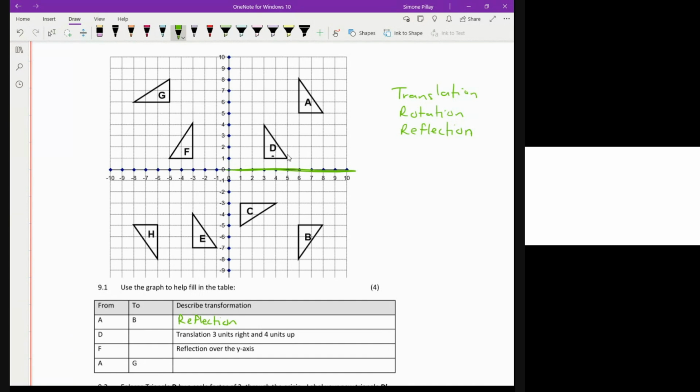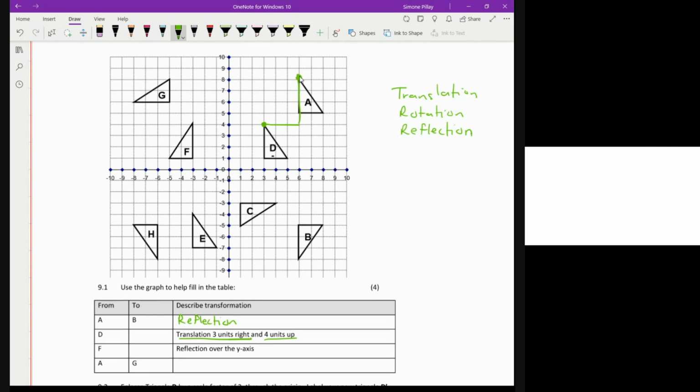Now we're starting at triangle D for the next one. So we're starting here. And then the transformation is a translation 3 units right and 4 units up. So what we do when we're trying to translate a shape is we take 1 point. And now we're going to go 3 units to the right, which is 1, 2, 3, and then 4 units up. 1, 2, 3, 4.